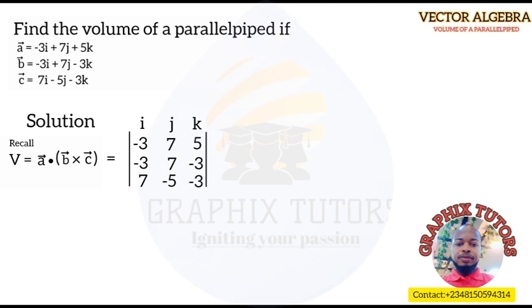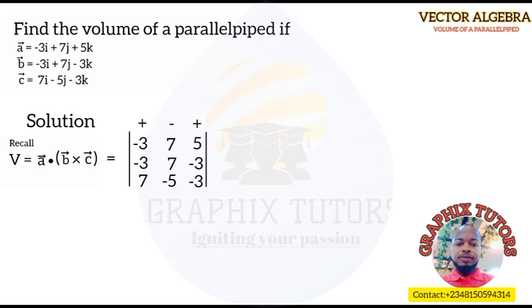So I'll do away with what I have up here, i, j, and k. So this is what I need. Unlike the previous video where we made use of i, j, and k. Now let's move forward. Just like with the knowledge of the determinant method in matrices, you put your plus minus plus on top of minus 3, 7, and 5.